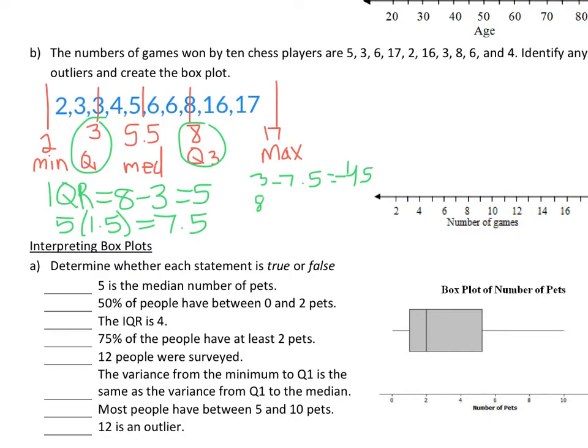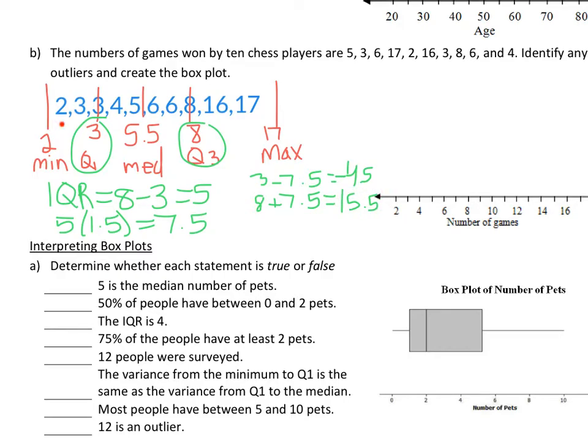So our third quartile plus 7.5, and we get 15.5. So we now have a range from negative 4.5 all the way to 15.5. Any values that are outside of that range are considered outliers. So in other words, we're looking for values smaller than negative 4.5 and larger than 15.5.